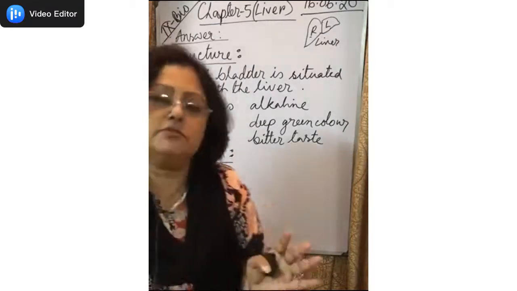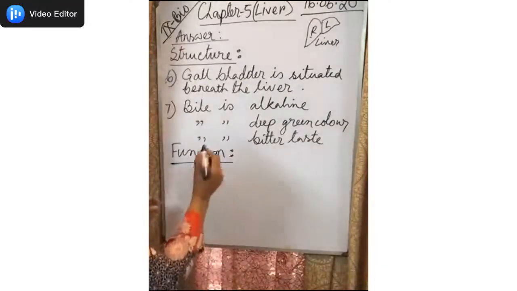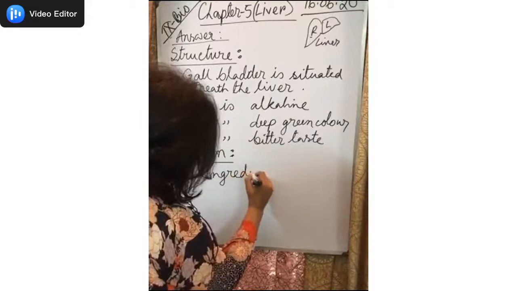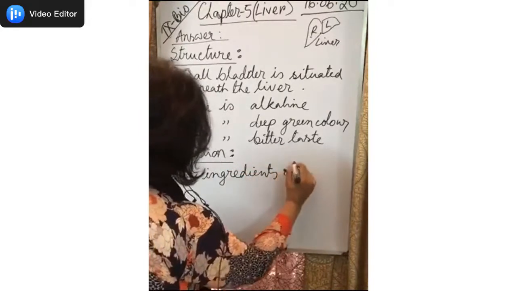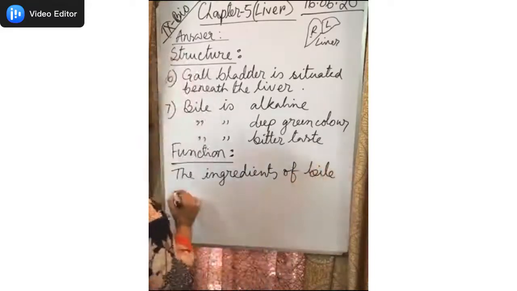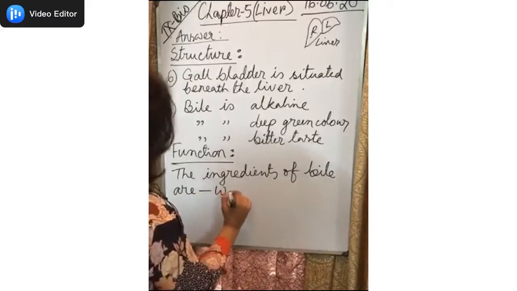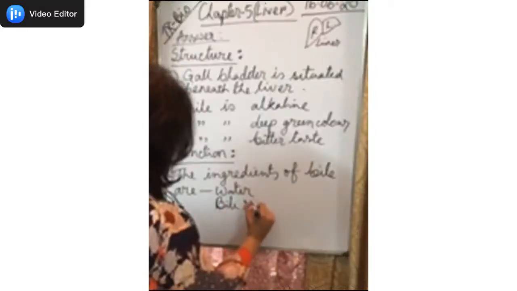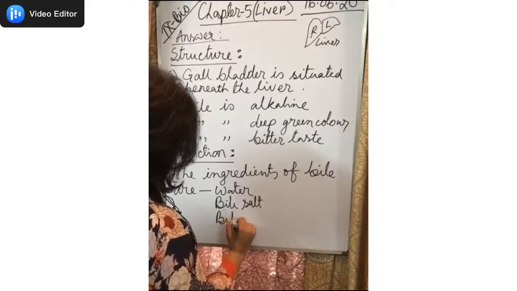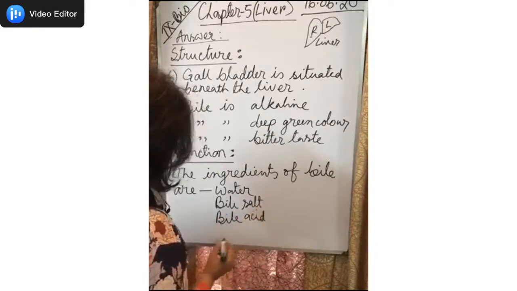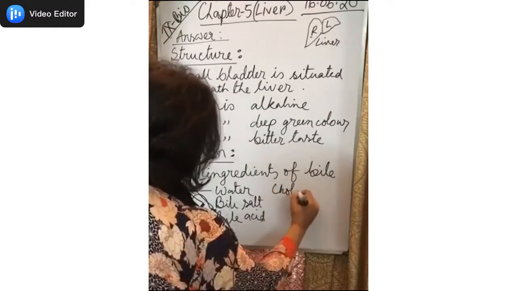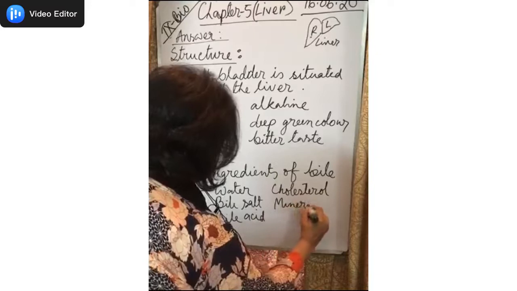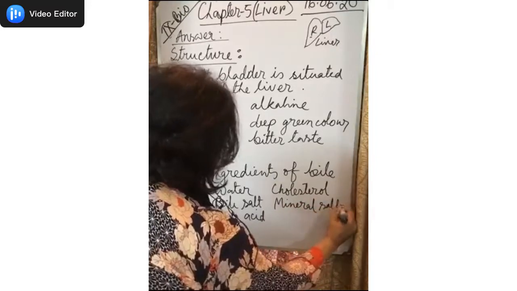There is a heading for the function, and you have to write it by the ingredients. The ingredients are water, and salt, bile acid, cholesterol, mineral salts.